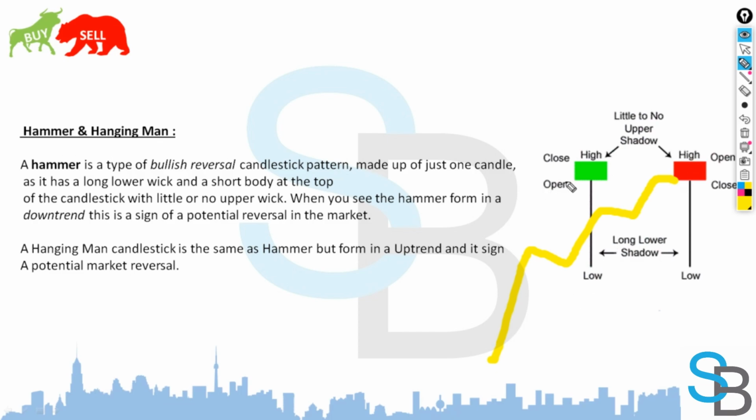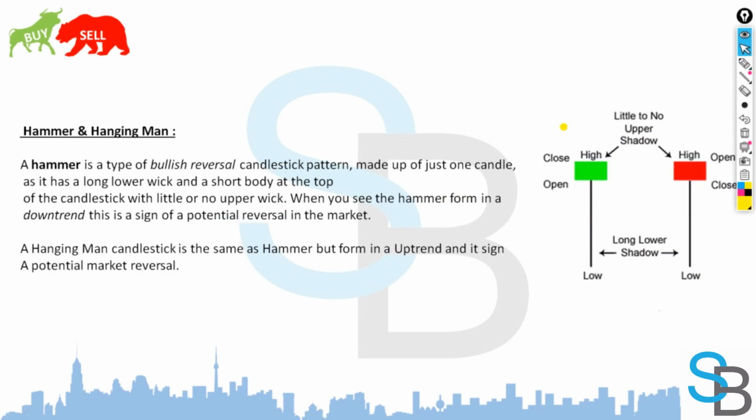The hammer and the hanging man are the same candles, but we name them depending on the trend. If the trend is an uptrend and we find this candlestick at the top, we name that a hanging man. If it's a downtrend, we name that a hammer. It's a sign of a potential market reversal.